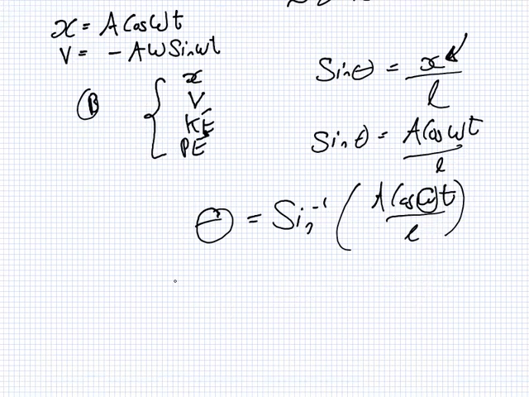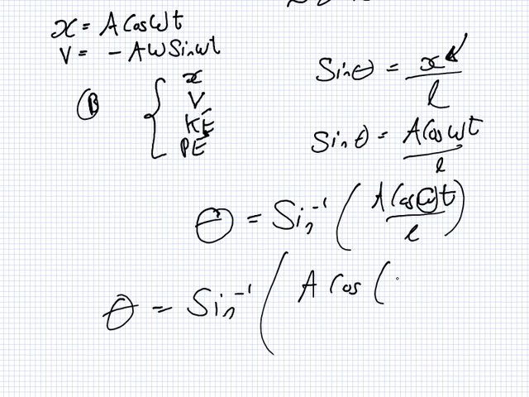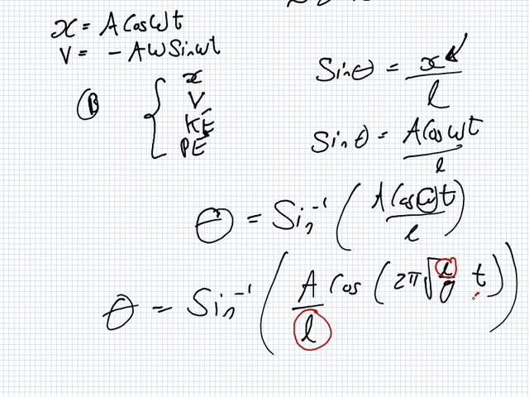So you could substitute 2 pi root L over G for the period. Sorry, that's upside down, forget that. I don't want you to write that down. I'm just making the point that you can use the simple harmonic motion formulas and get a lot here.